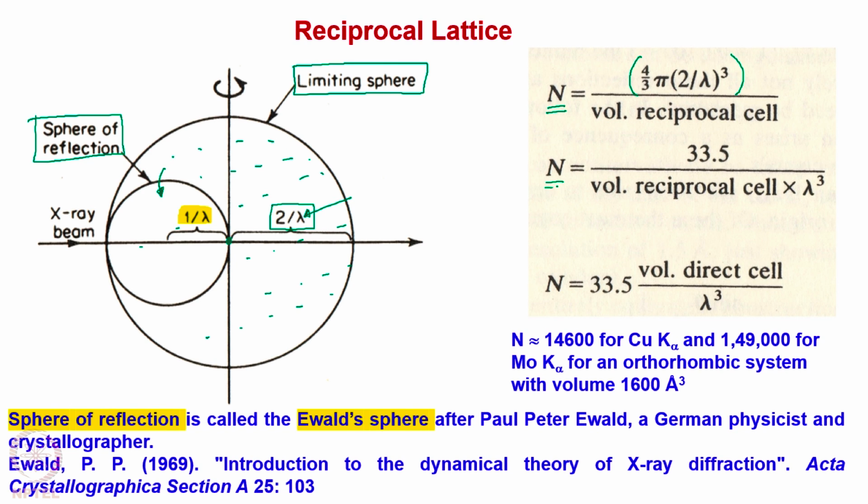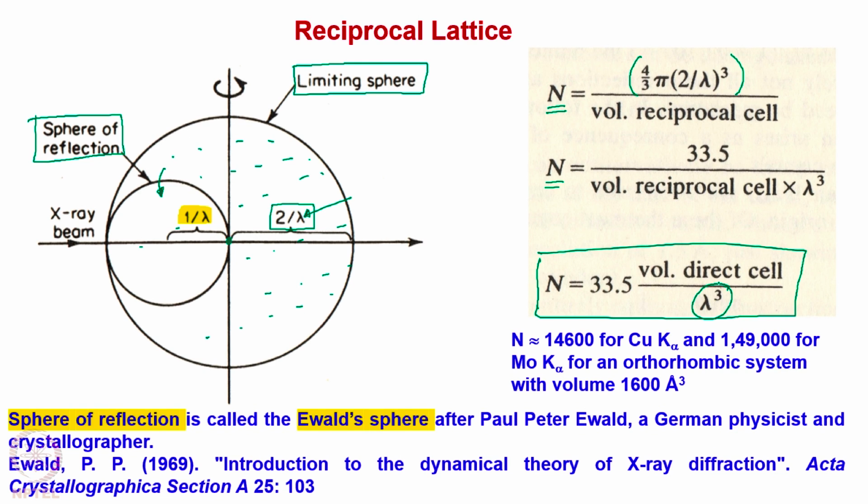Then the value of n can be calculated in terms of the volume of the direct unit cell, if we know the wavelength of diffraction.